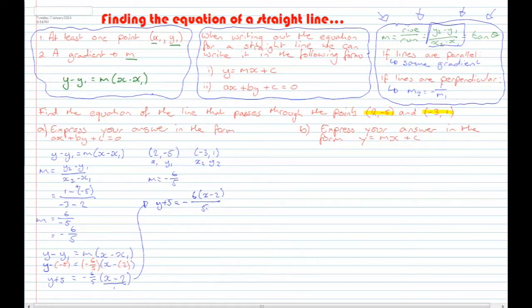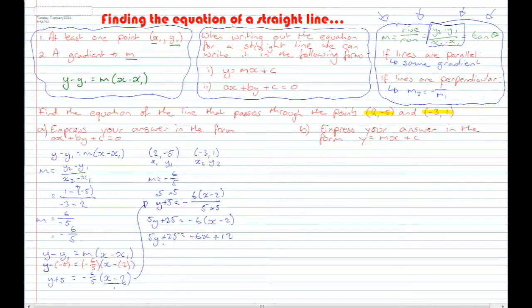Right, now I don't like the 5 here, so I'm going to multiply everything by 5 in order to get rid of it and make it look a whole lot prettier. So go times 5 and times 5, so you end up getting 5y + 25 is equal to -6(x - 2). All of a sudden this looks nicer. So we go 5y + 25 equals -6x + 12.